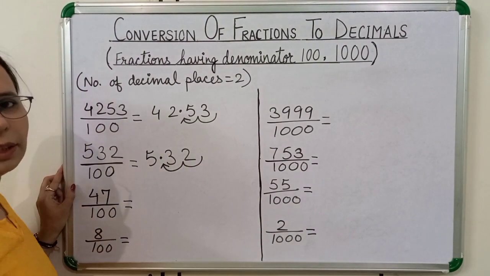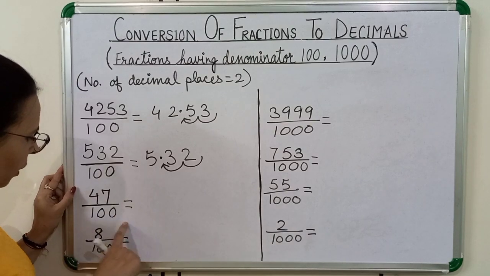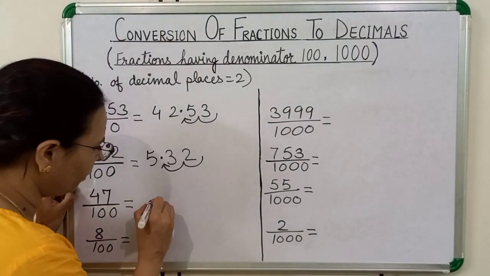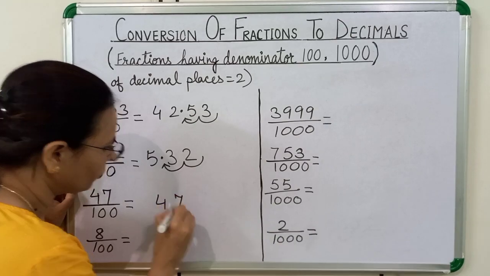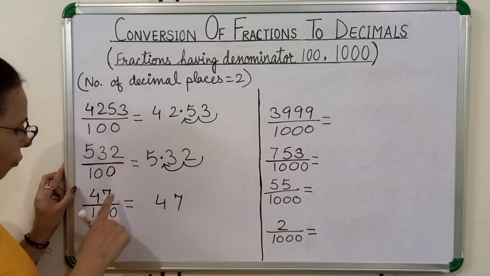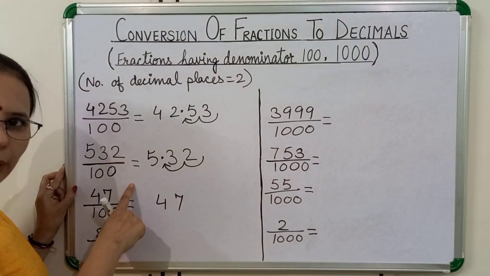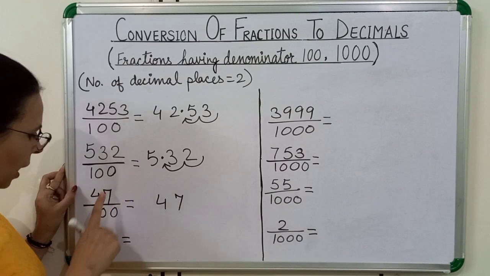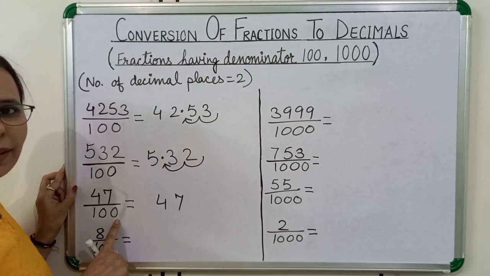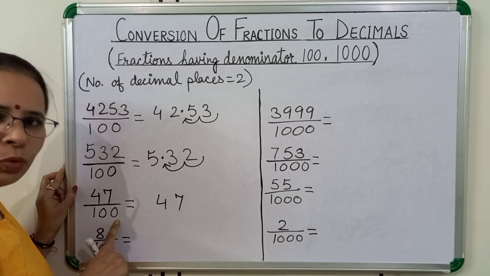Now we will see third example. First we will write numerator as it is. You can see here 47 numerator is 2 digit and 100 denominator is 3 digit. So what we will do?